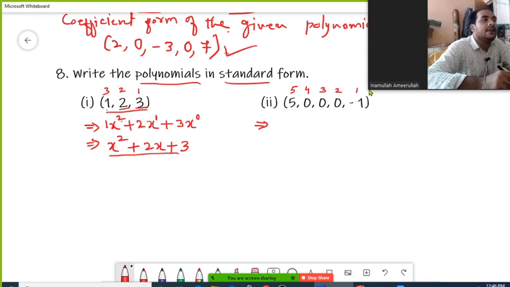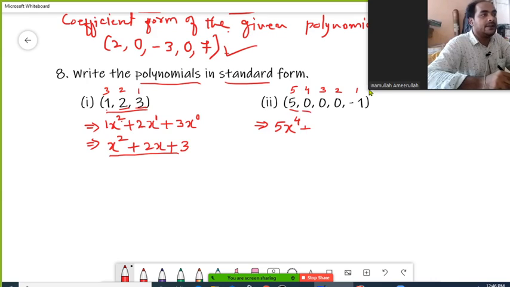Again I am taking x as my variable. First term is 5. So 5 into x raised to 4. Highest degree should be 4, as we discussed. Because number of coefficients are 5, so 1 less we will take for the highest degree, that is 4. Then next is plus 0.